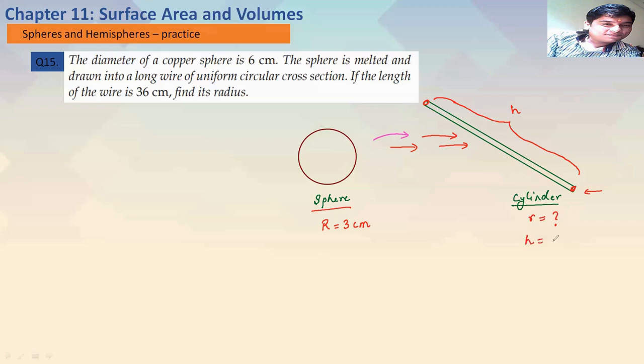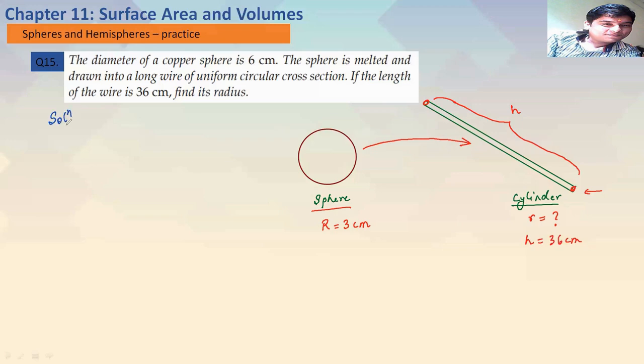That is the length of the wire or height of the cylinder. Fantastic. Now, I just told you that if you are melting and changing a solid into another, the volume will remain the same. Very good.